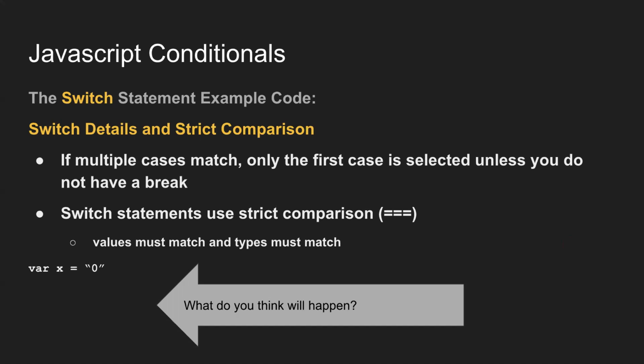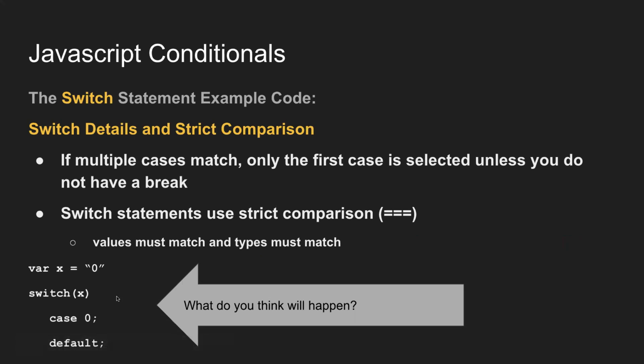Now, in this case, the values must match and the types must match. So here we have what I talked about a moment ago. Var x equals 0. We have a switch statement. This is the expression x being passed in. And we have case 0. And we've already discussed what's going to happen here.